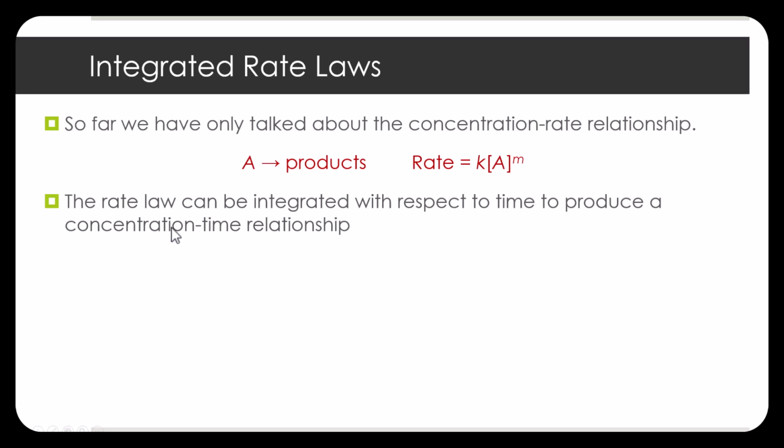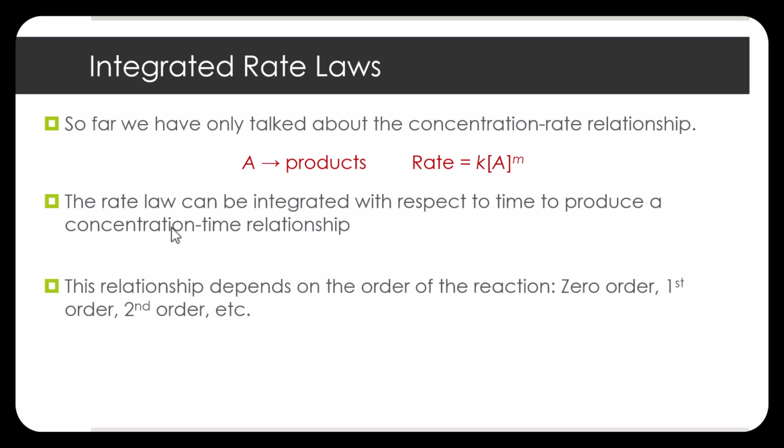So if I increase the concentration, how much time is that going to add to the reaction? If I decrease the concentration, how much time is that going to take away? So we're going to look at this relationship between the two. And then we're going to look at the relationship as it depends on the order. So first order reaction versus zero order versus second order.